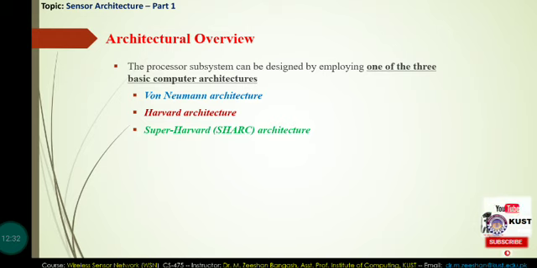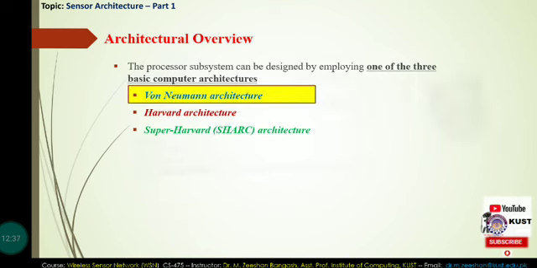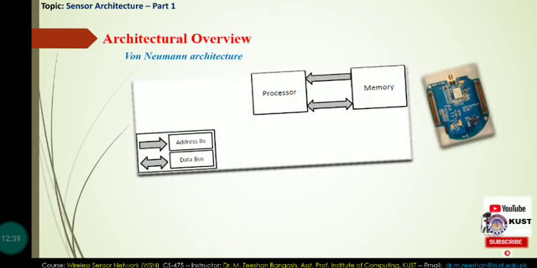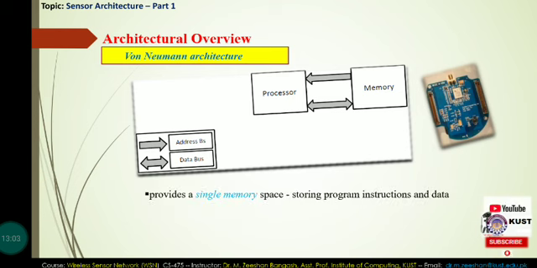So let's discuss the first architecture, the von Neumann architecture. You can see its diagram. The von Neumann architecture provides a single memory space used by both the program instructions and the data, and a single bus to transfer data between the processor and the memory.